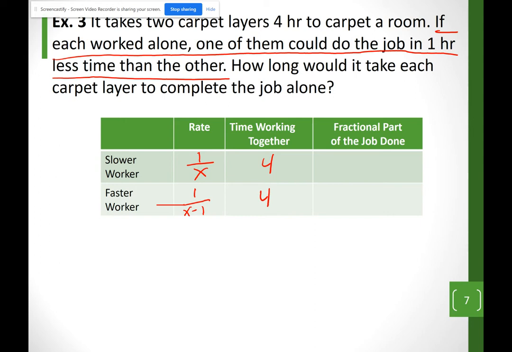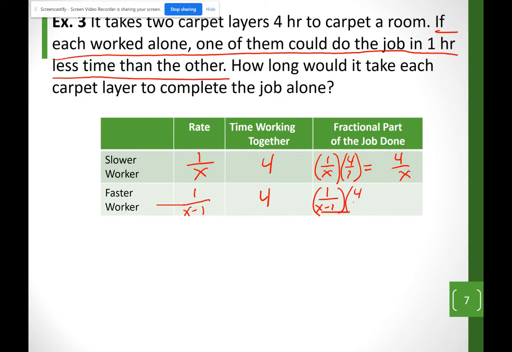Now, the fractional part of the job done is how fast the rate is times how long he worked. So the slower worker, his rate is 1 over X. He worked 4 hours. I'm just going to write my 4 as a fraction. So his fractional part of the job done is 4 over X. That's how much he did. Now the faster worker, his rate was 1 over X minus 1.